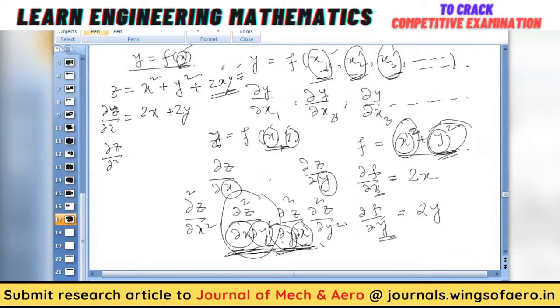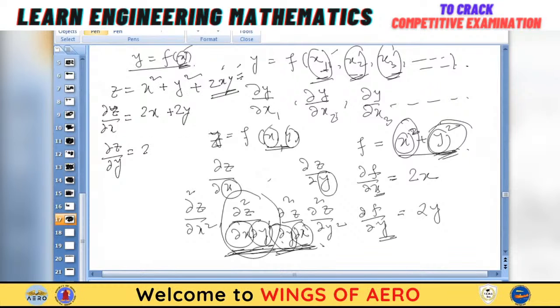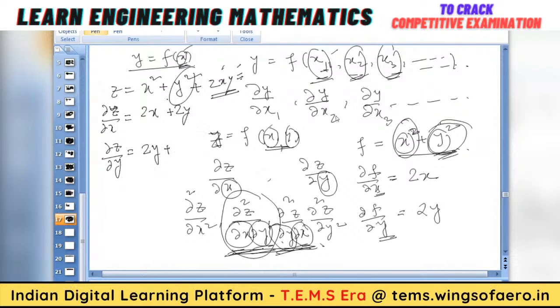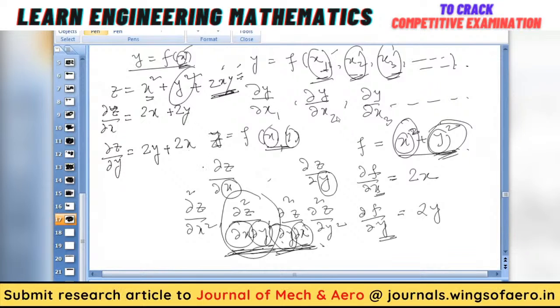Del z del y means 2y plus x square is 0 because x square is constant. Similarly, from 2xy we get 2x. So it is 2y plus 2x, or 2x plus 2y, it is the same.